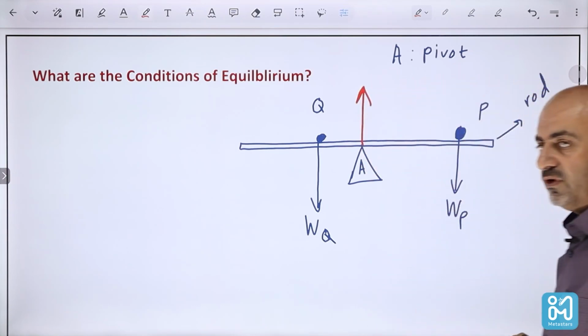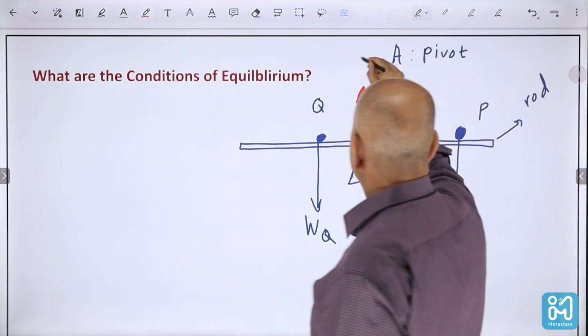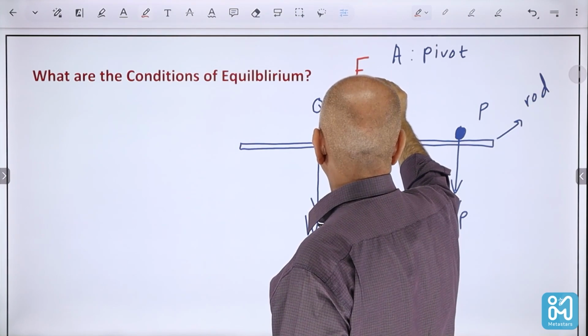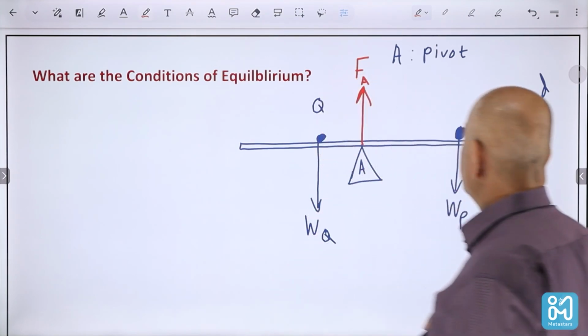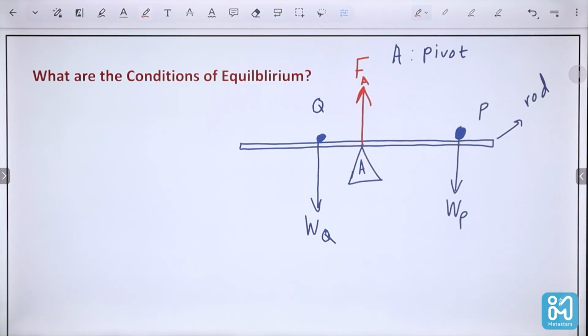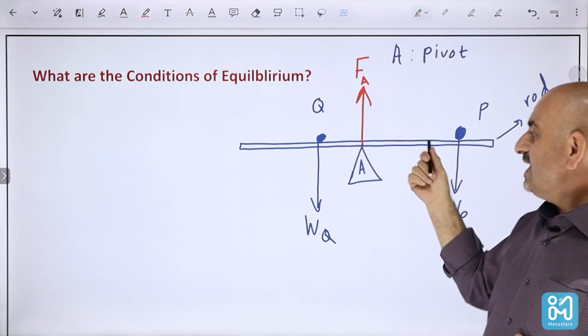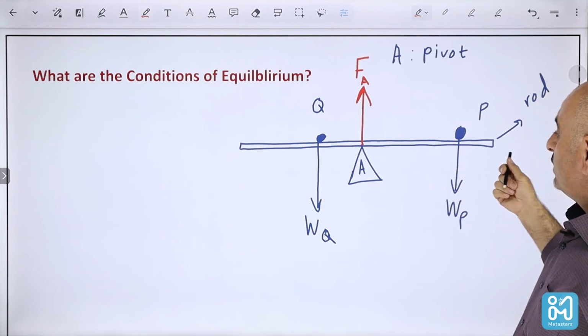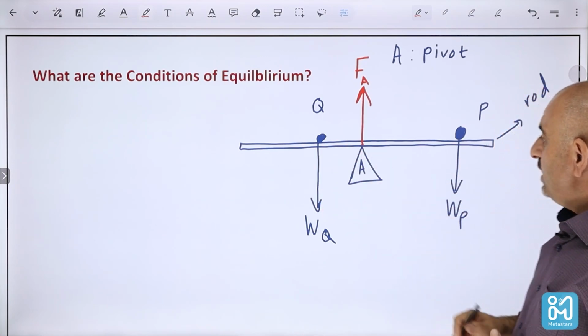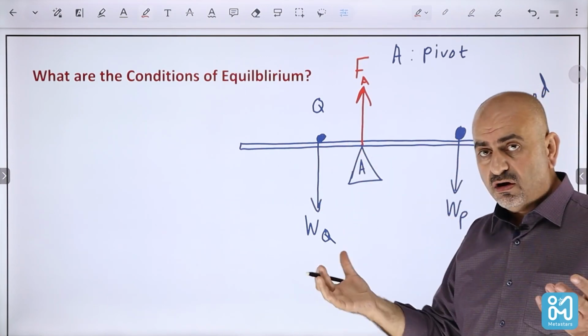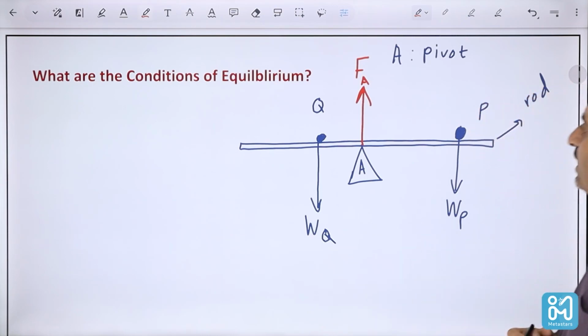That's a contact force. So there is a force by the pivot. You can call it force A if you want to. So there are 3 forces acting on the rod. Remember that any supports that are underneath a rod or a beam or a plank always exert forces on the rod or the plank.